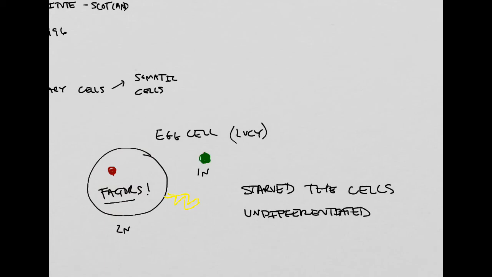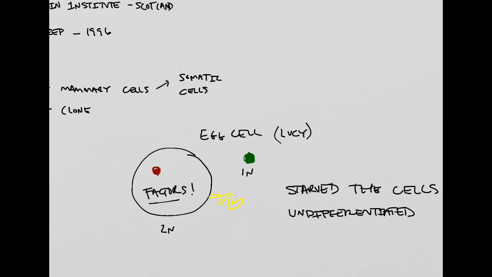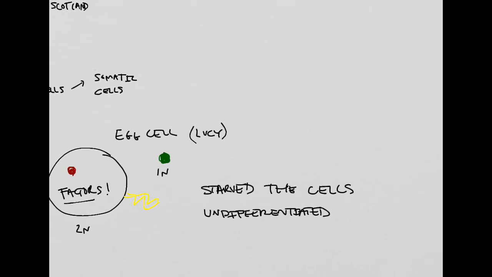Essentially, when cells are starved, all the DNA turns back on. And so they were left with this egg cell that was now pluripotent again.